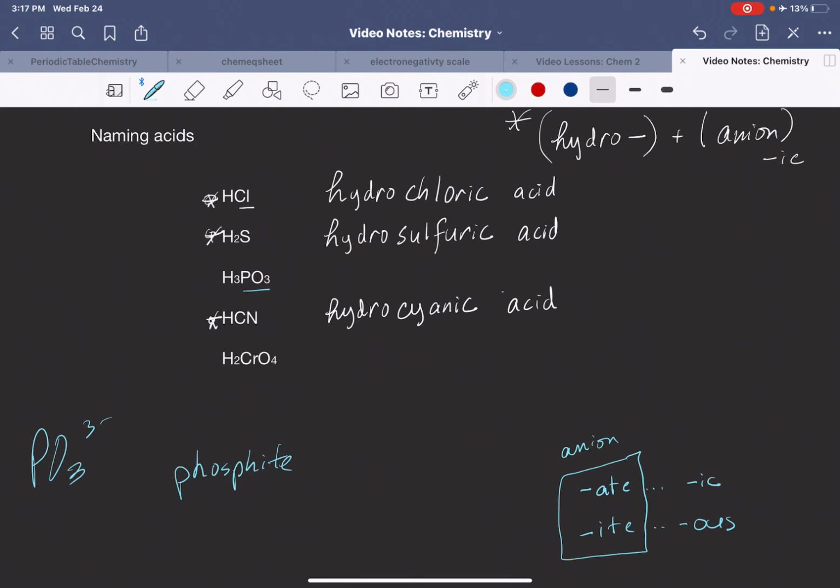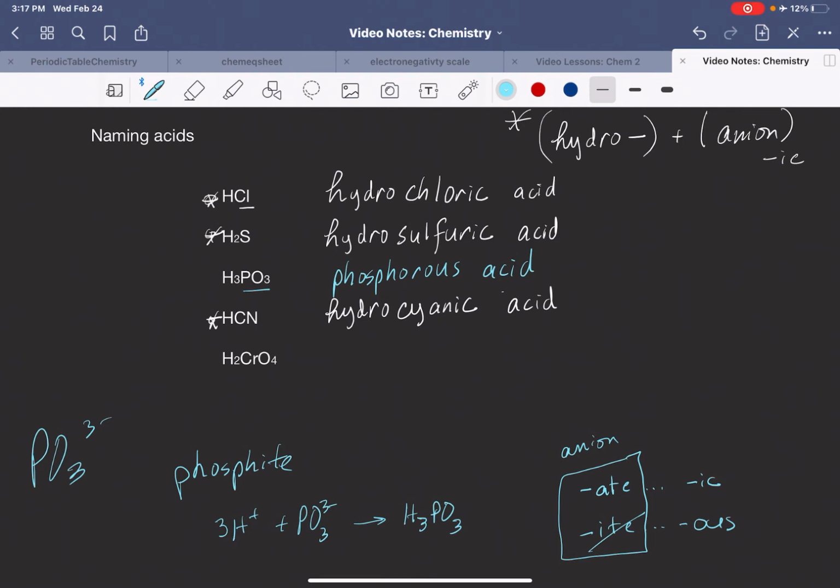So essentially we had a hydrogen ion and this phosphite ion, and this is a 3 negative, so we would need 3 of these, and that's where we got H3PO3. We would drop the ite and add OUS. So this would be phosphorus acid.